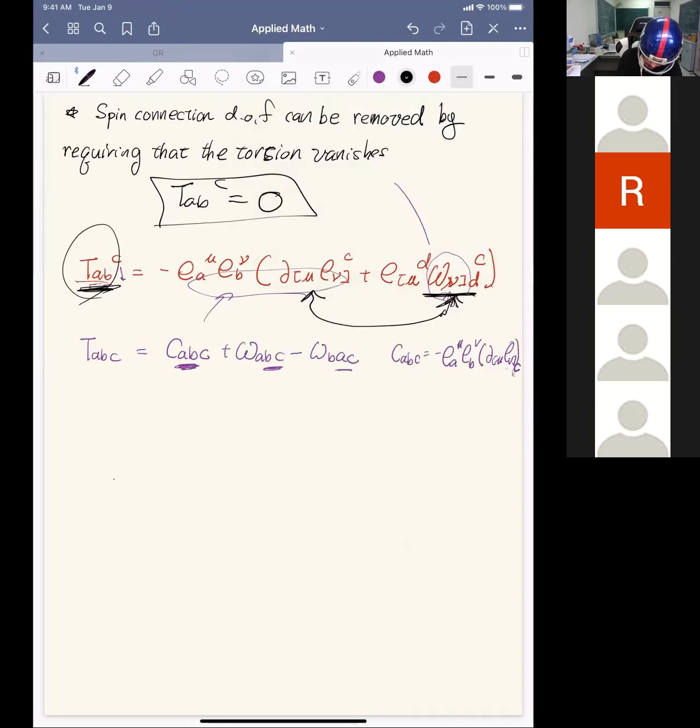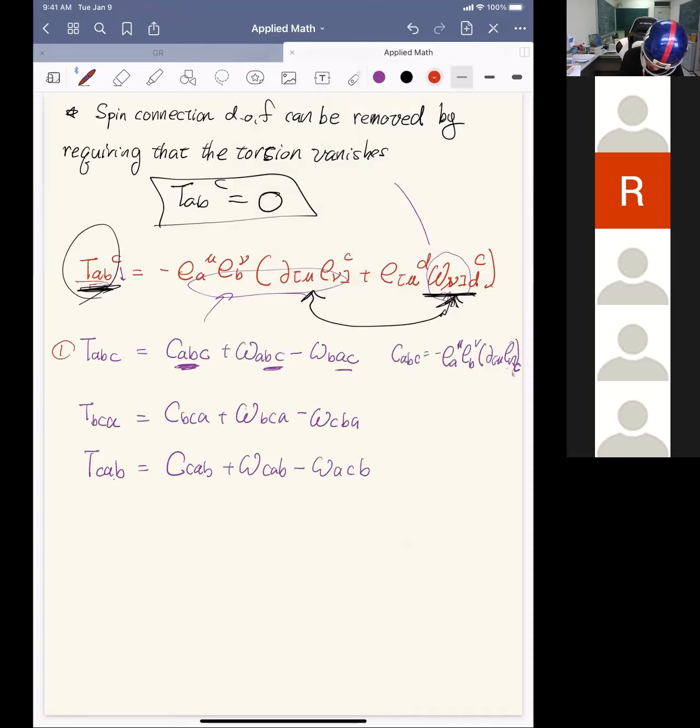That means, since A, B, C are just dummy variables, let me reorganize it. Let me write another equation, just interchanging A, B, C. Let me write the cyclic rotated version. Then T_CAB is equal to C_CAB plus omega_CAB minus omega_ACB.